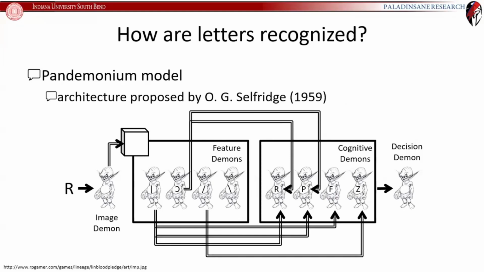Now can we still recognize R's? Or are we going to be confused as to whether we're looking at an R or some other sort of letter? So those are two challenges that I'm going to leave with you. We're going to take them up next time that we meet. But again, try to work your way through it. It'll be a good exercise in solidifying your information for the pandemonium model.